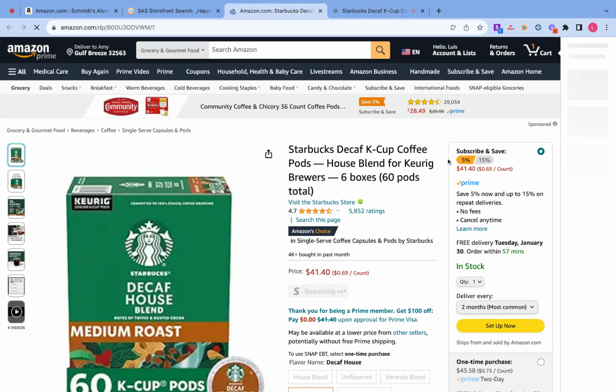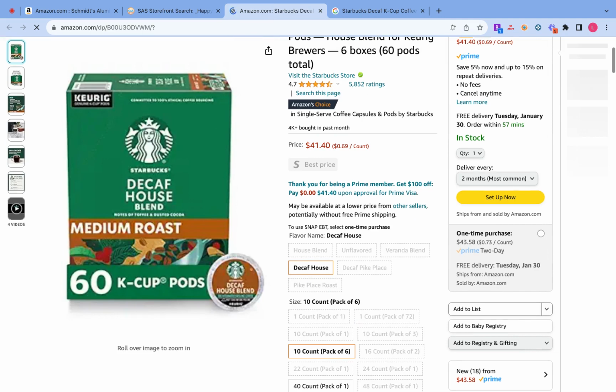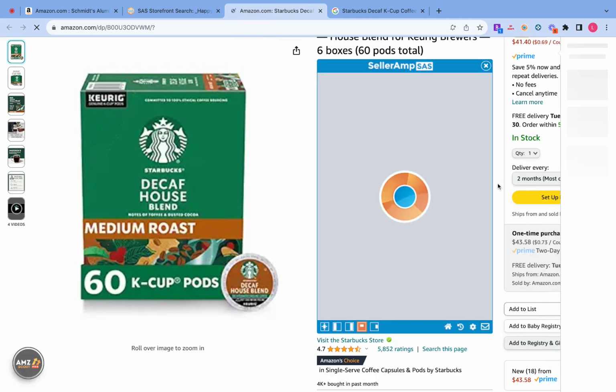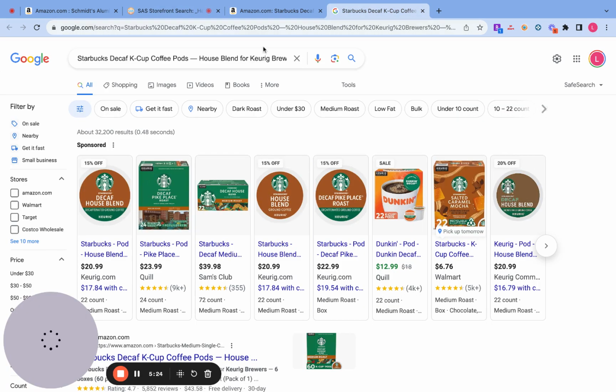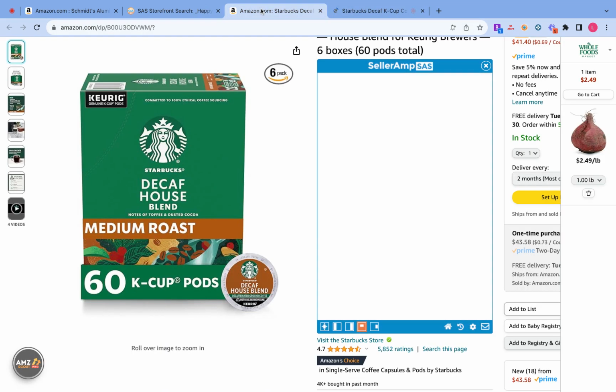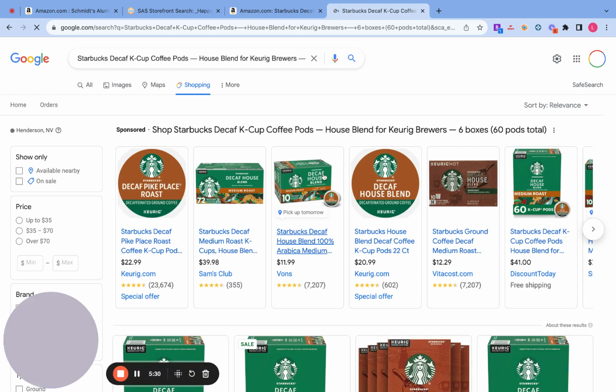Let's see if we can find this one. So the max cost of this product is, where is it again? So $22, right? It's a decaf house blend, 60 pods. Okay.